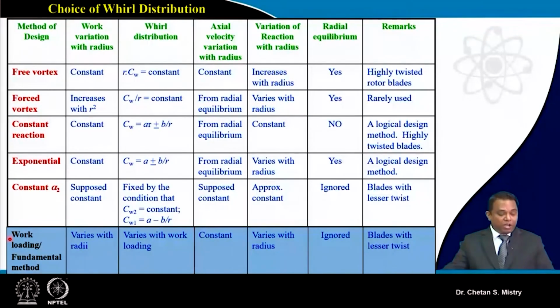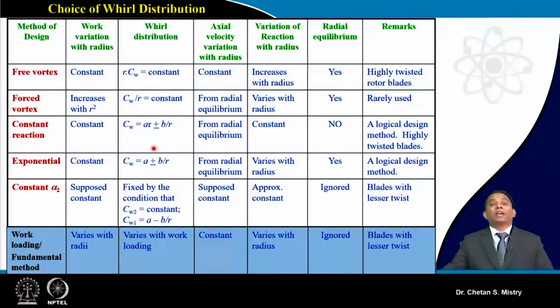Then we were discussing work loading, the fundamental method, which says my work done, or work, is varying along my radius. We have variation of my CW component because at all stations we are not assuming our CW at entry and CW at the exit.